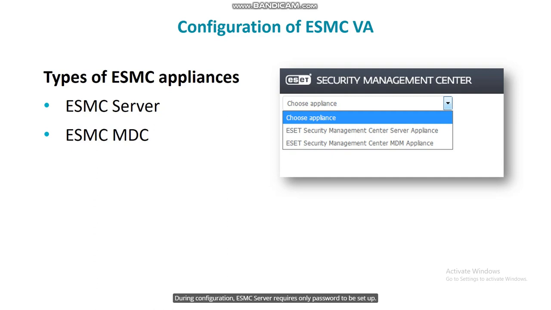During configuration, ESMC server requires only a password to be set up. ESMC mobile device connector needs also certificates in base64 format and, most importantly, the hostname or IP address of the ESMC server. So the deployment of ESMC mobile device connector is only possible after the deployment of ESMC server.